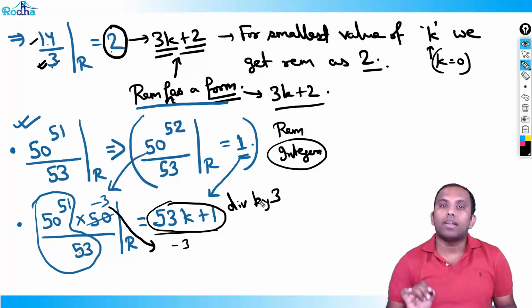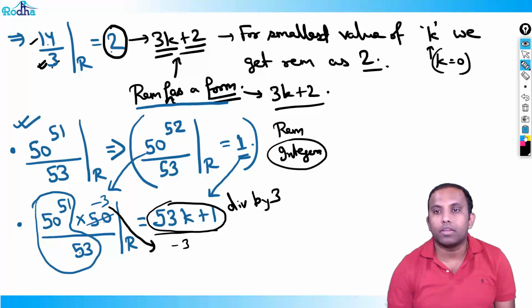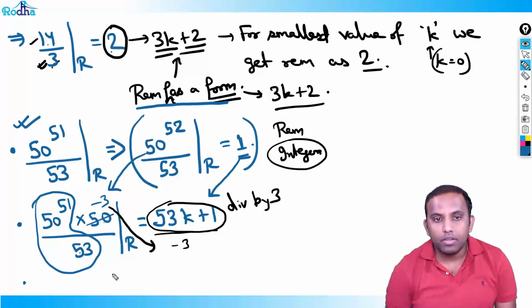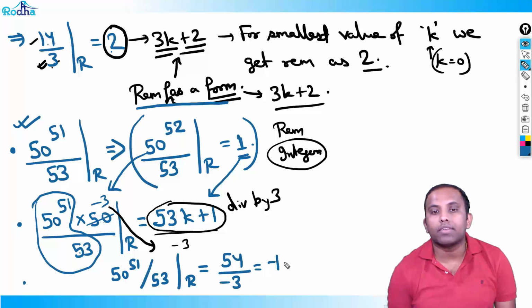I'll tell you the method also, but if you observe for now, at k equal to 1 it is divisible by 3. So at k equal to 1, 50 raised to 51 divided by 53, remainder: putting k equal to 1 it becomes 54, and 54 divided by minus 3 becomes minus 18.